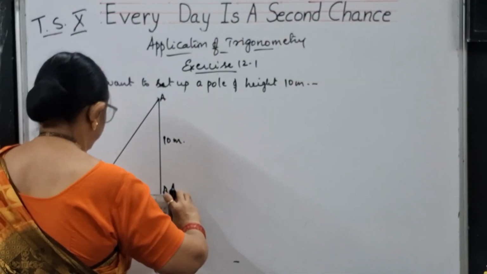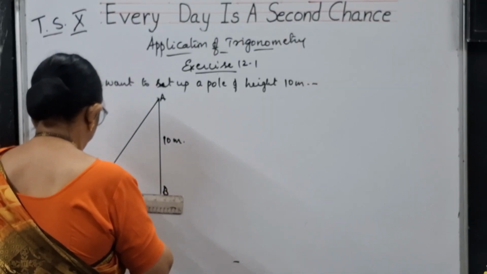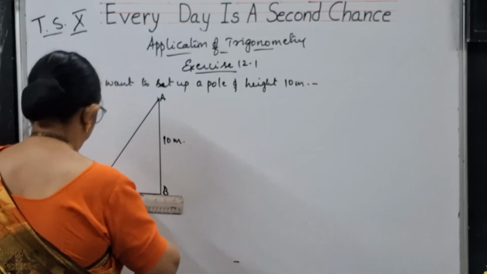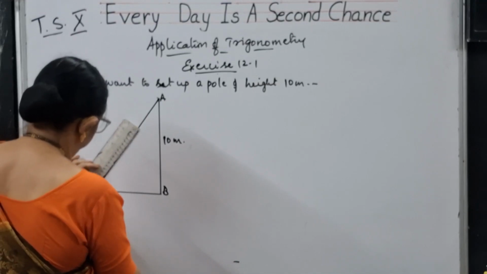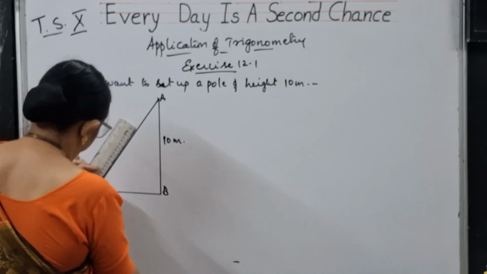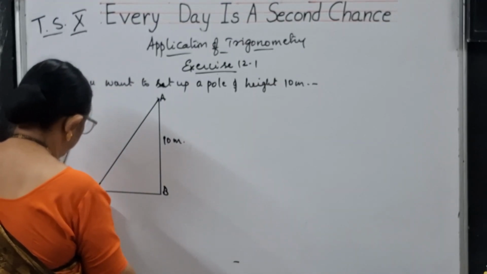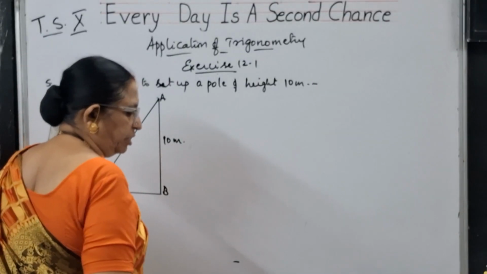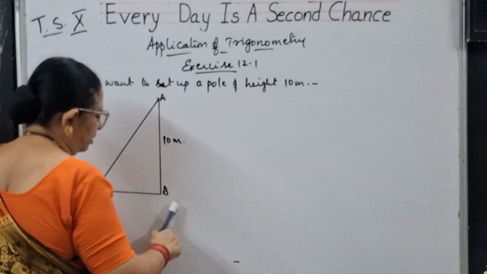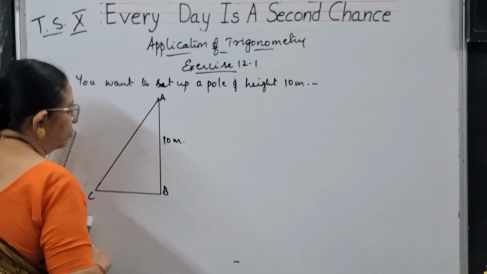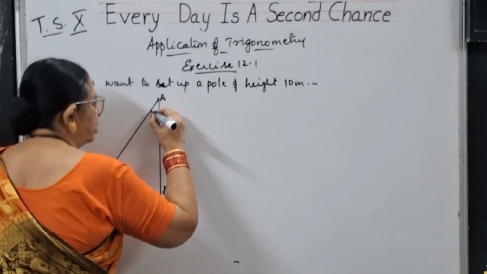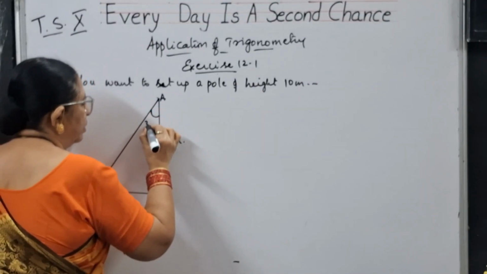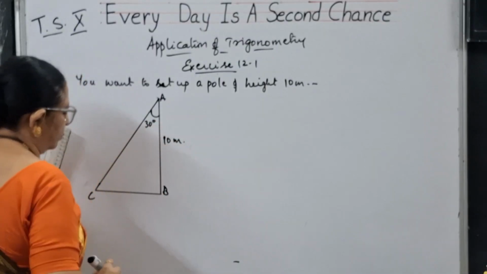See, this is the rope which is tied to the ground. So this is the distance. Did they give the distance? They have not given the distance. But what they have given? They have given the angle made by the rope with the pole, that is 30 degrees.